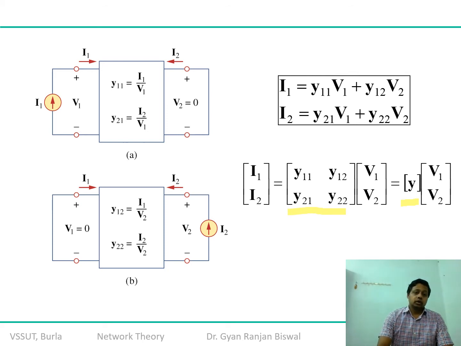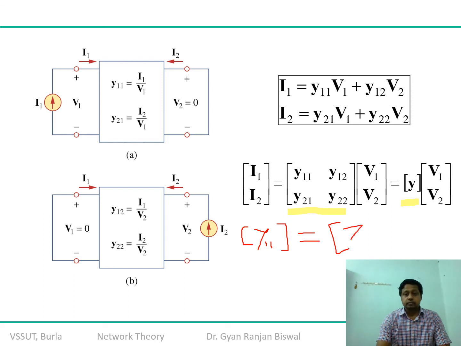Now the question comes whether Y11, for example, since we have already worked out all four parameters individually, of the given network is equal to the inverse of Z11 or not.